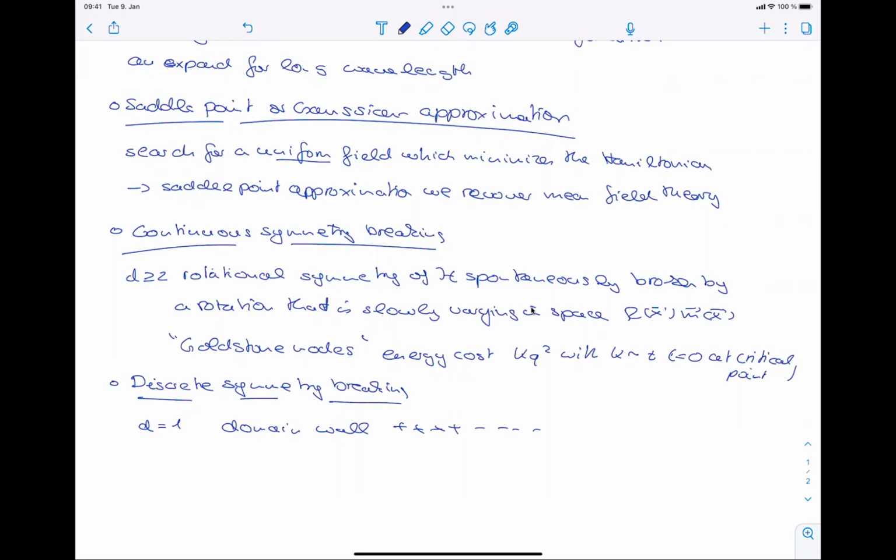For the 1-dimensional system, we were also able to calculate the energetic cost of such a domain wall, to find that the free energy of such a wall is minus 2/3 times the average magnetization, the width of the wall, and the cross-sectional surface area of the wall. And again, we see that this term is proportional to the reduced temperature. So also the cost of domain walls is 0 at the critical point.